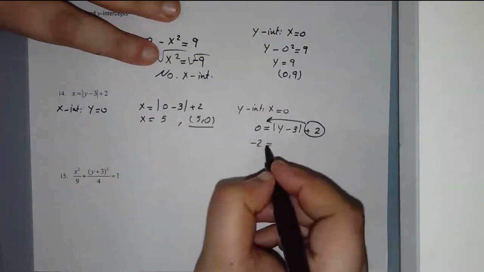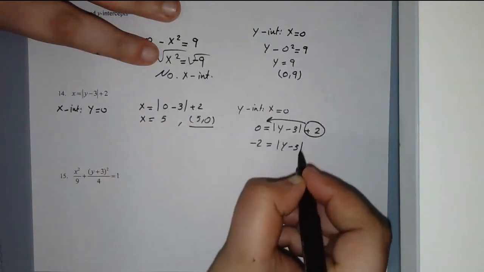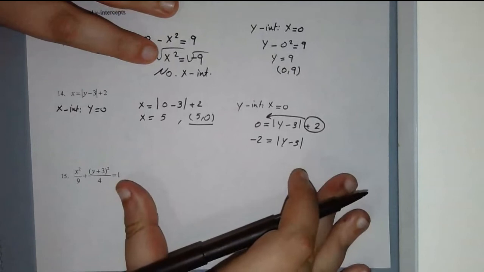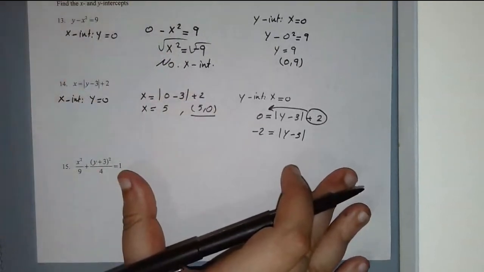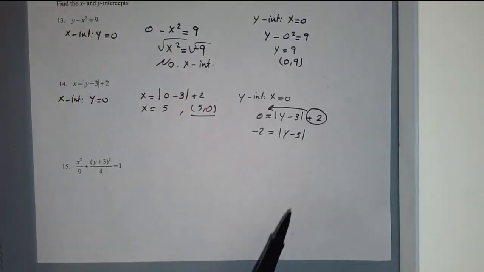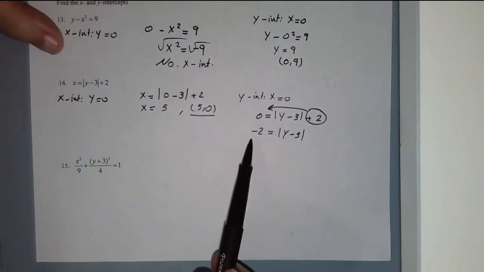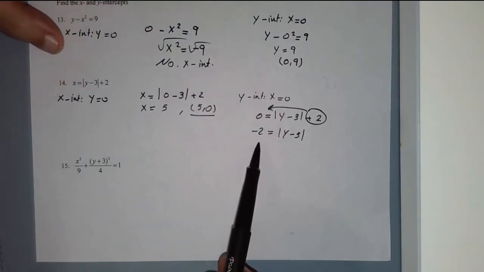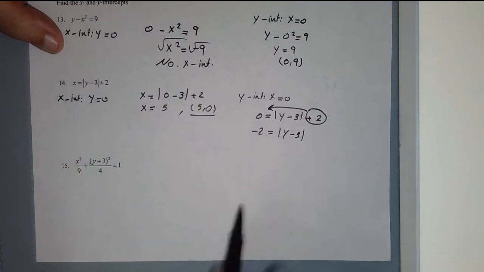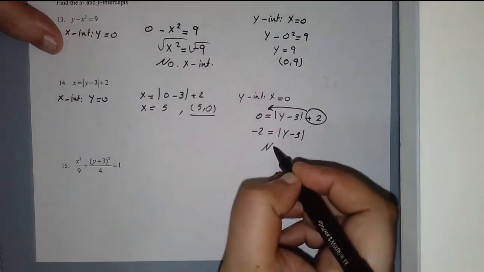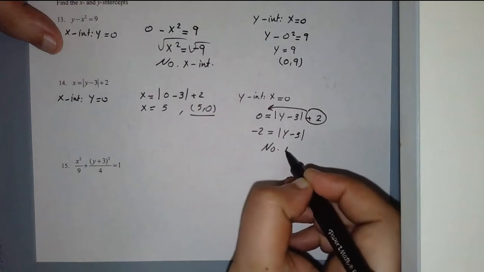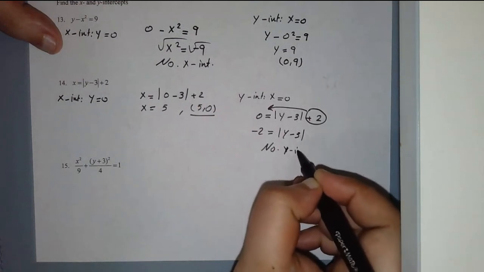So you have negative 2 equals the absolute value of y minus 3. Now, what did we say about the fact that absolute value equals a negative? This can't happen. The absolute value result should always be positive. Therefore, this is not an acceptable situation. There's no solution here. Therefore, there's no y-intercept.